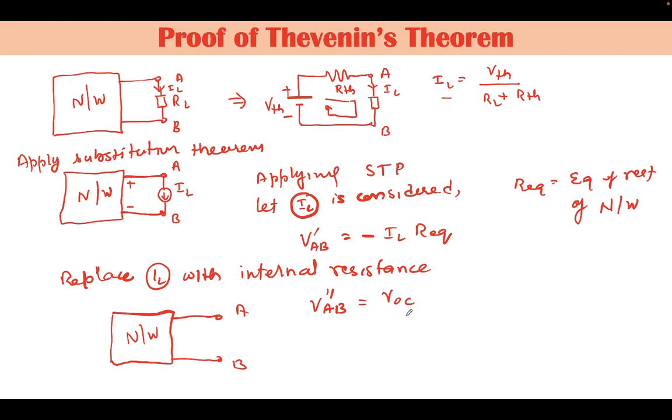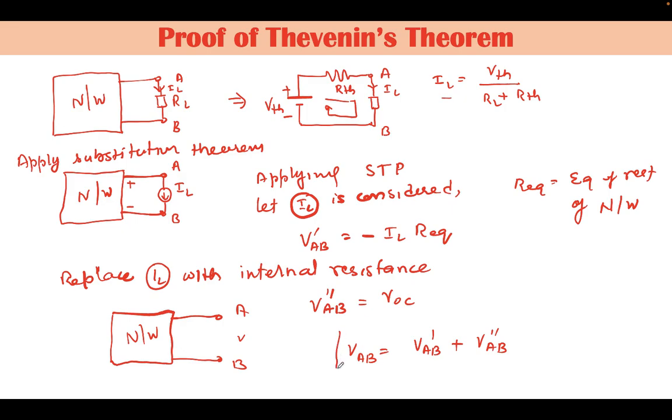This is VOC. Now we know the voltage across terminal A and B when the rest of the network is considered, as well as the voltage across terminal A and B when the current source IL is considered. Therefore, according to the superposition theorem, the total voltage VAB will be equal to the voltage due to the current source, that is VAB dash, plus the voltage due to the other sources, that is VAB double dash.